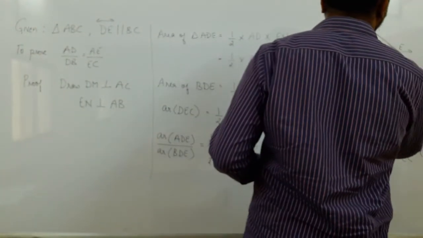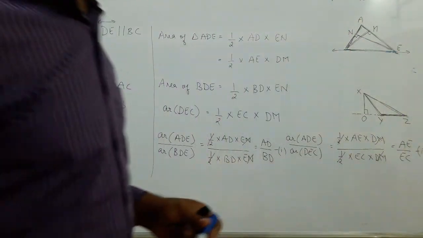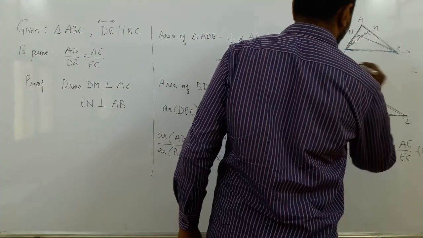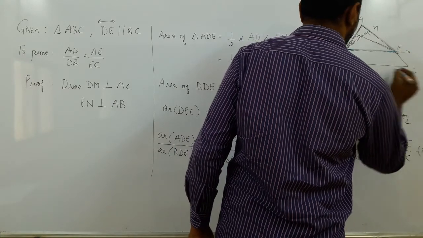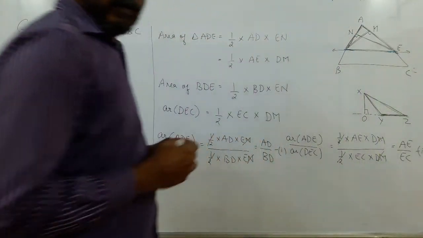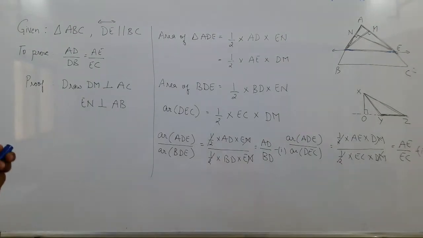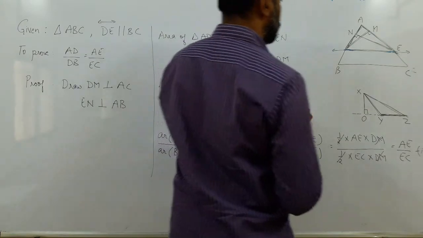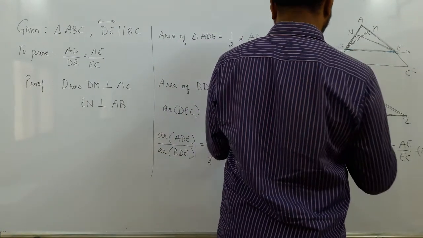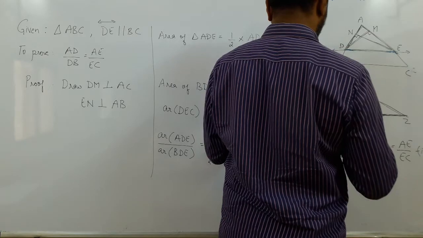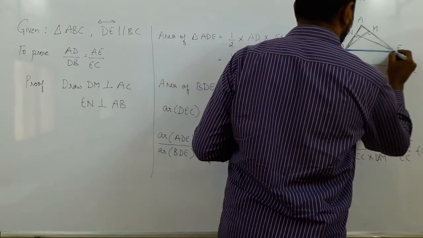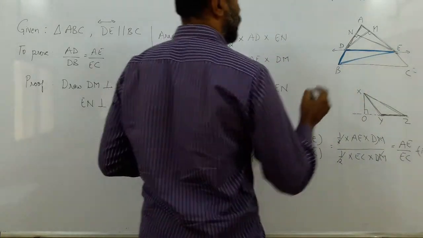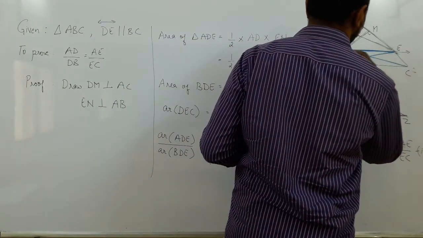This is not the base we are going to take. We will take the one we already used. Hold on, you will know in some time. We will take the triangles we used here. Which triangles did we use here? BDE. So BDE is one triangle we take, and the other triangle we take is DEC.